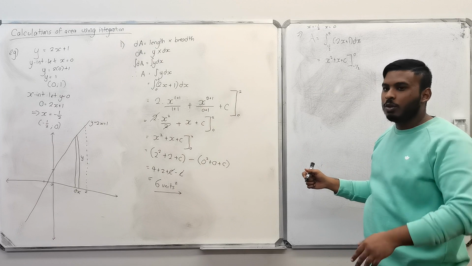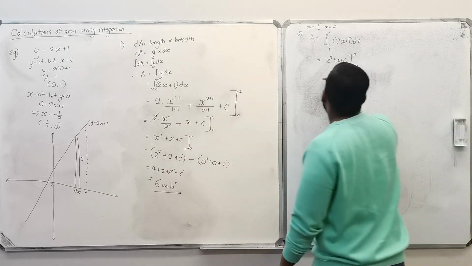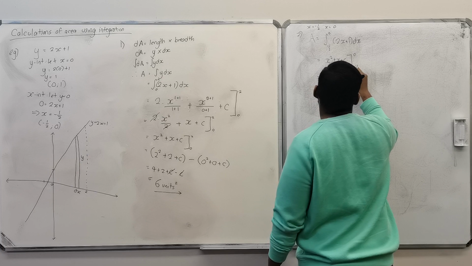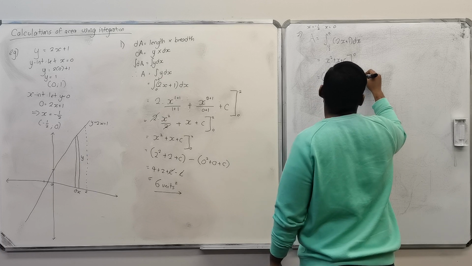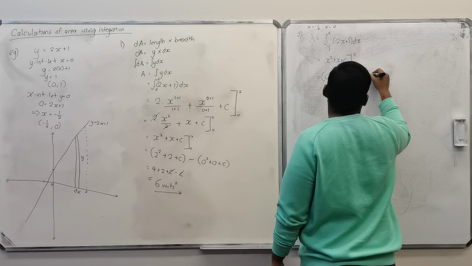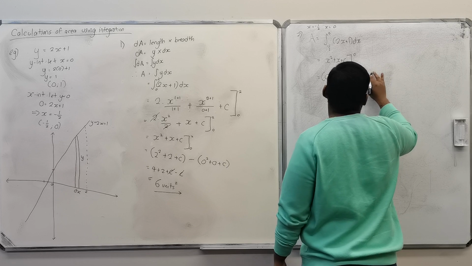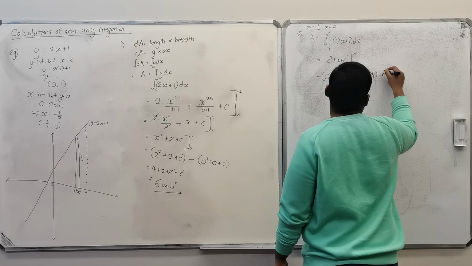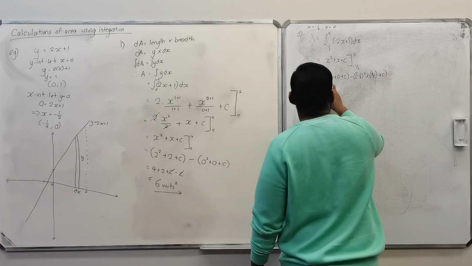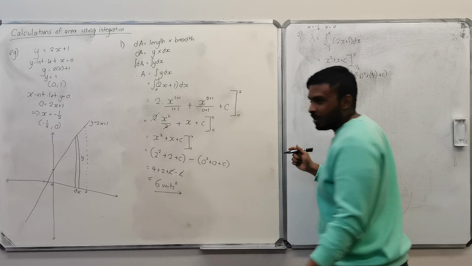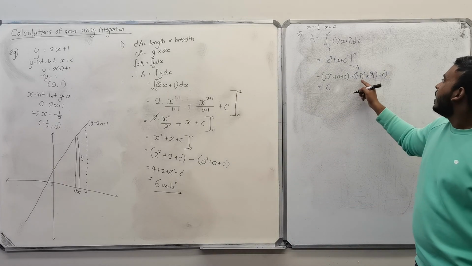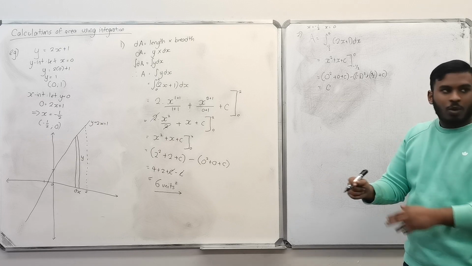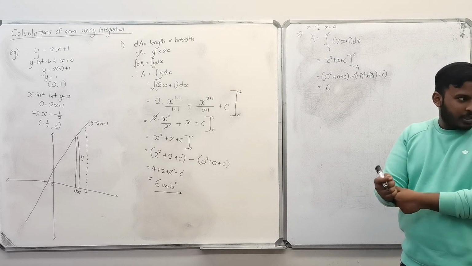So what you're going to do, you're going to substitute. So this is going to come 0 squared plus 0 plus c, minus, a half squared plus, minus half plus c. You know this is going to come to only c, right? Minus a half squared is what? Quarter. Quarter, right?